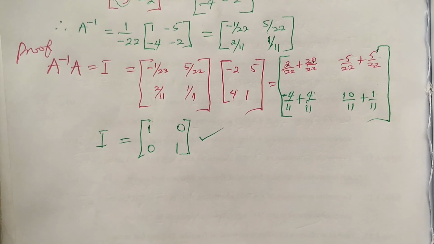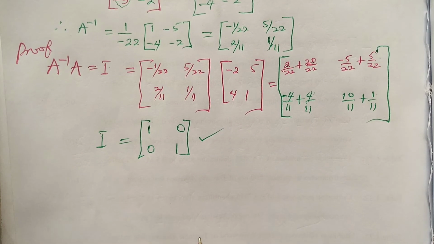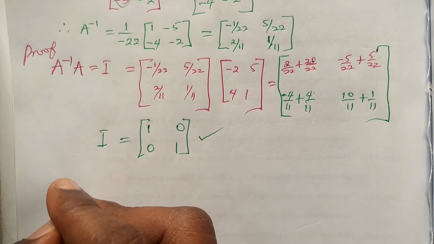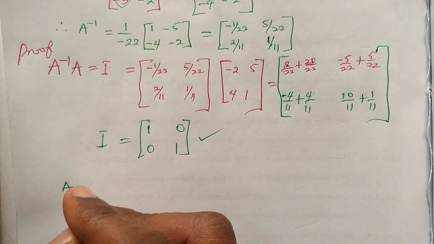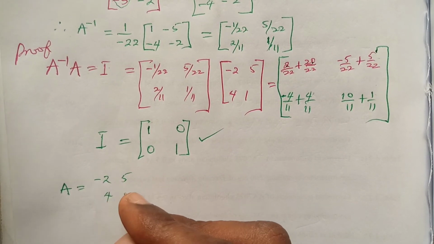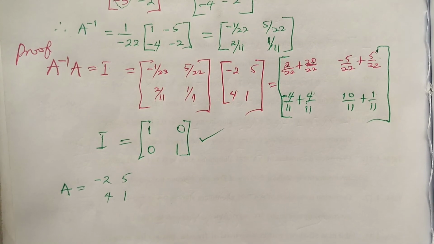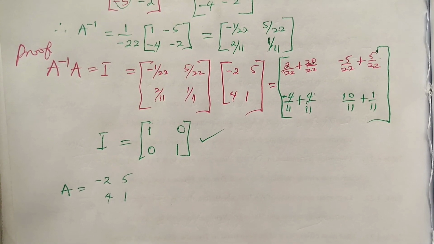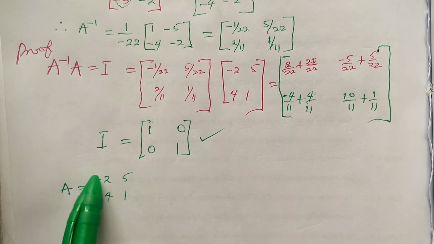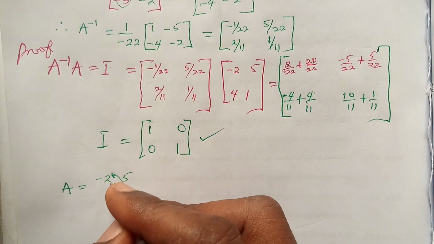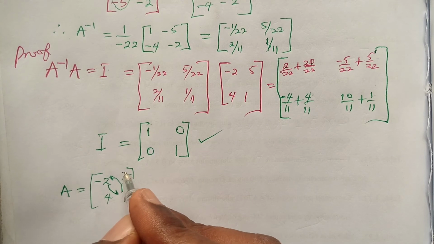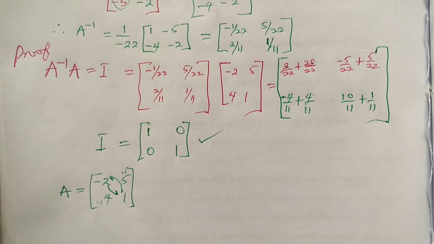Another way of finding the inverse of a matrix, if we look at what we have done, is this. Given that A is equal to minus 2, 5, 4, 1, what we have done to find the adjoint is just to interchange the diagonal elements, so this one comes this way and that one comes that way, and multiply the other two by minus 1.